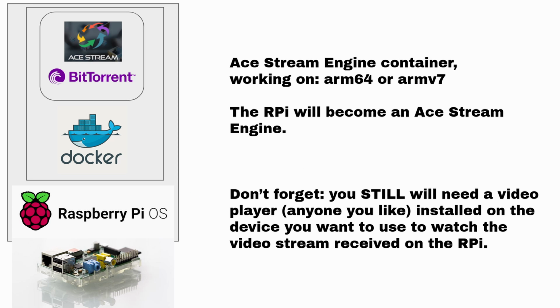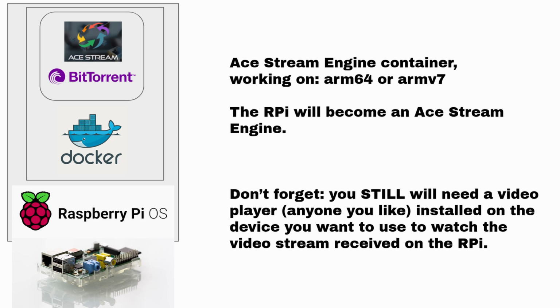So just before going into the tutorial, and as a recap of all the comments that I have done, remember that on the left side of this screen, these are the components that we are gonna install. It is a Docker version of the Acestream engine, which contains only the BitTorrent client.